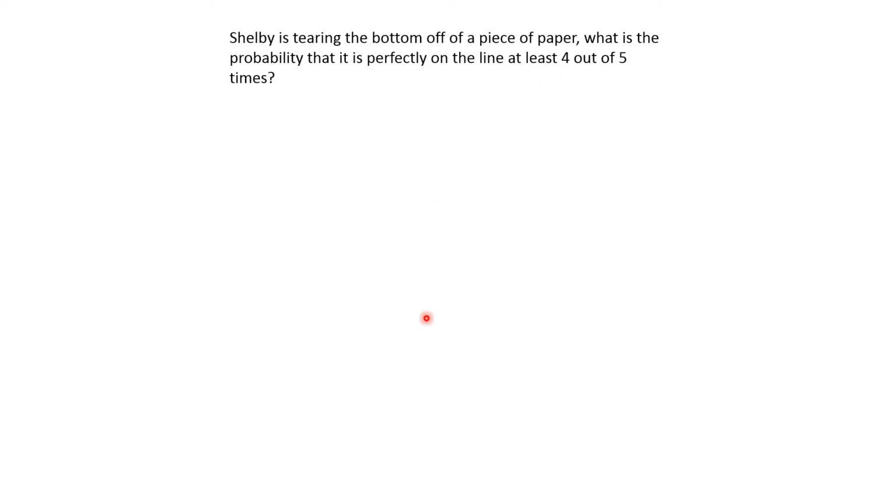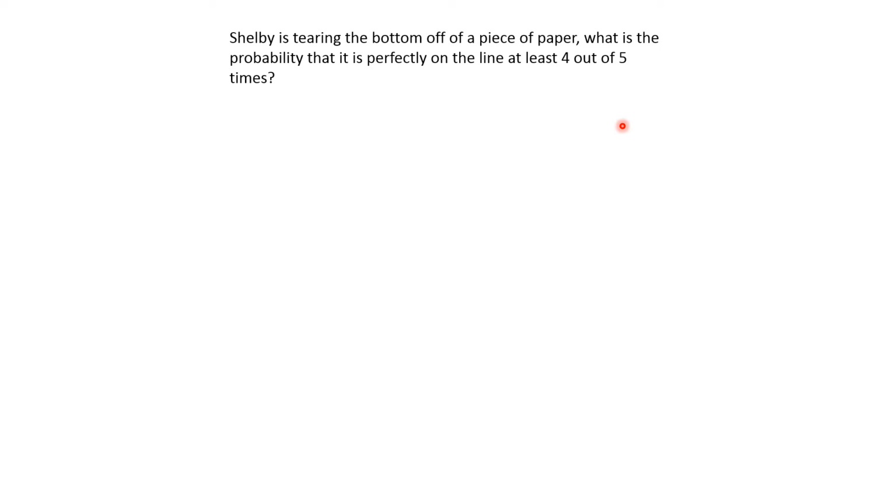So, it could be perfect 4 times, or it could be perfect 5 times. The nice thing about those two is that they are mutually exclusive, because it will either be right 4 times or right 5 times. It can't be perfect both 4 and 5 times at the same time. That doesn't work. So we'll just find the probability of each of them and then add them together.